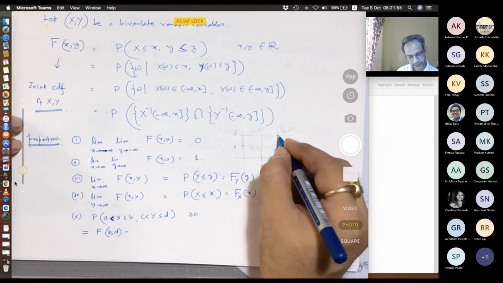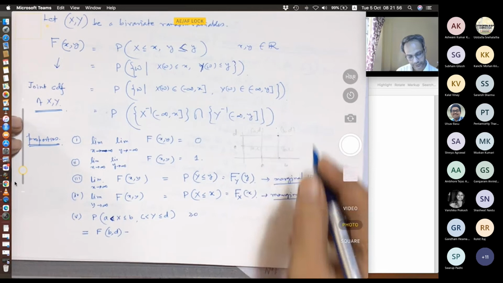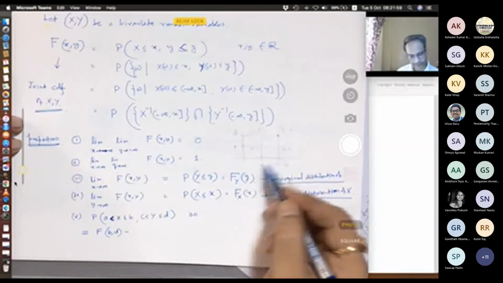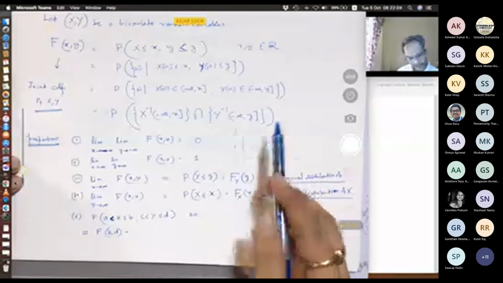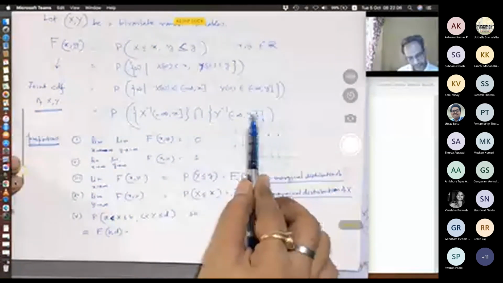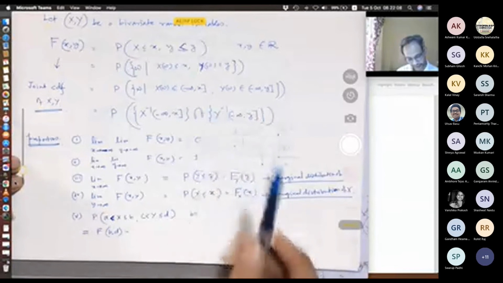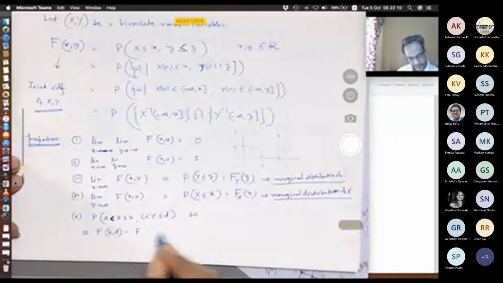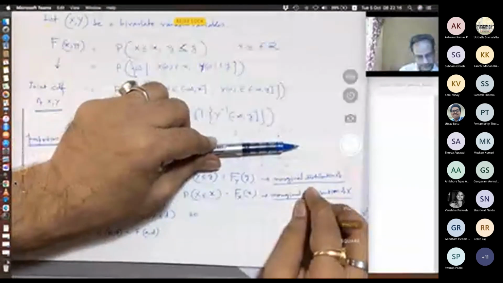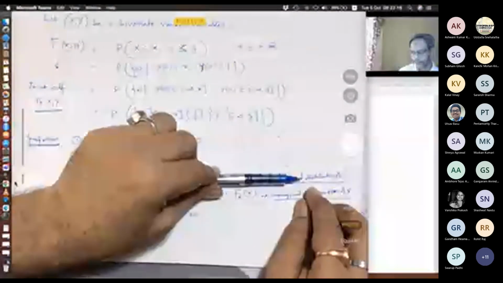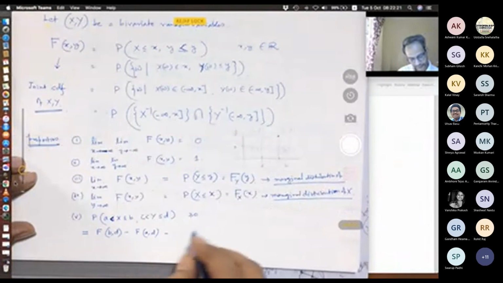After that, everything is considered below this, then what you do, you subtract this section, that means FAD. Then you subtract this section, so that means minus FBC.